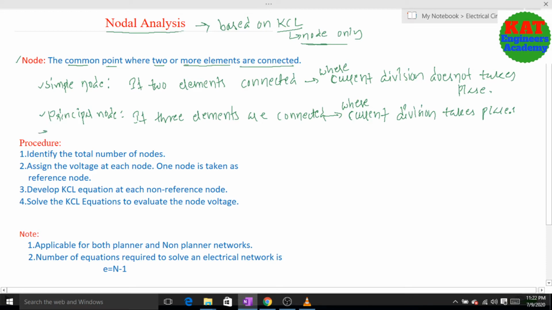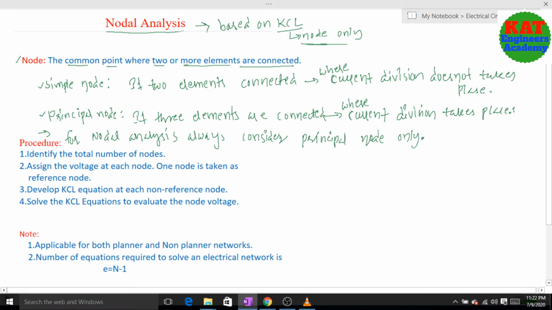For nodal analysis, this is a very important point: always consider principal nodes only.